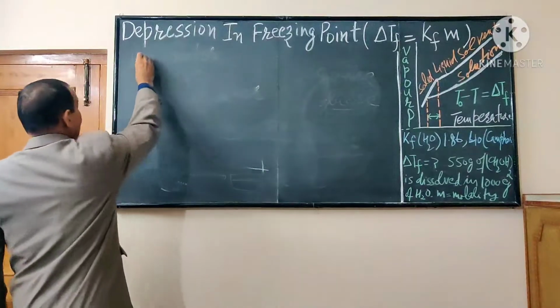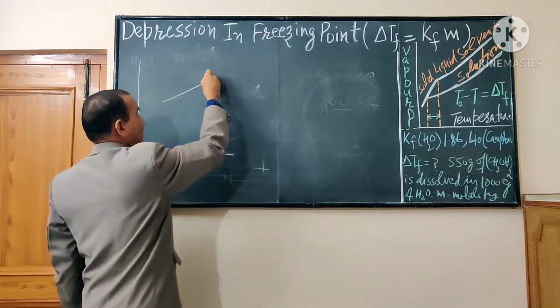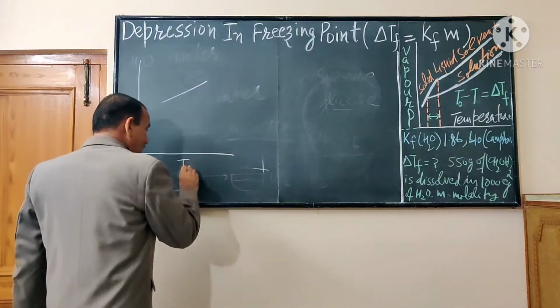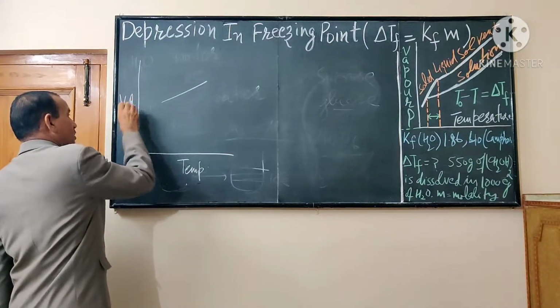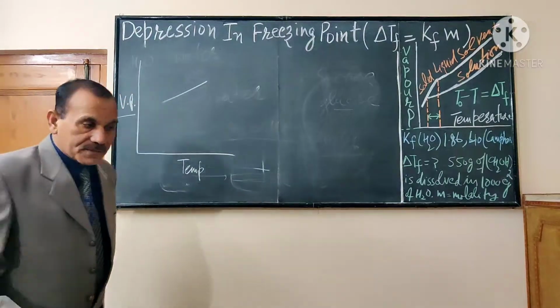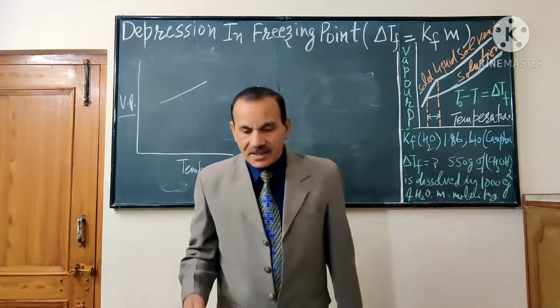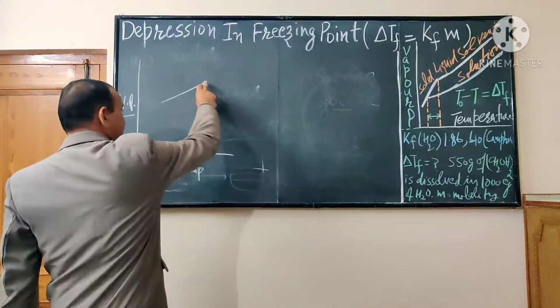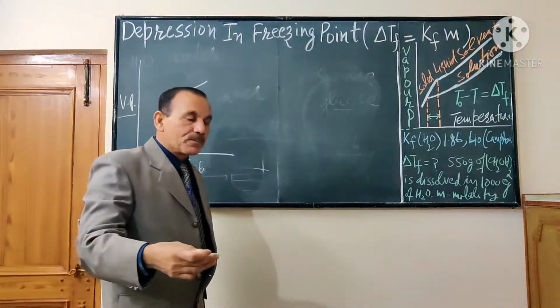Suppose we have water at room temperature. Temperature is taken in Kelvin, and on the other axis is the vapor pressure of the water. The pressure of vapors of water at equilibrium is known as the vapor pressure. So this is, let's say, room temperature, 298 Kelvin.